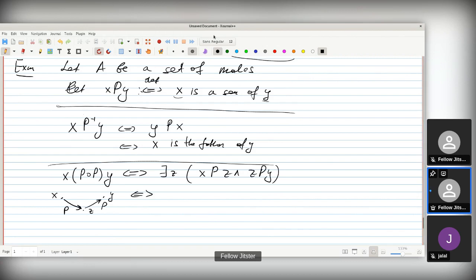There is someone in between x and y in this sonhood relation. Who is z to x? The father of x, but son of y. And now who is x in relation to y? The grandchild. Exactly. He is a grandson of y.